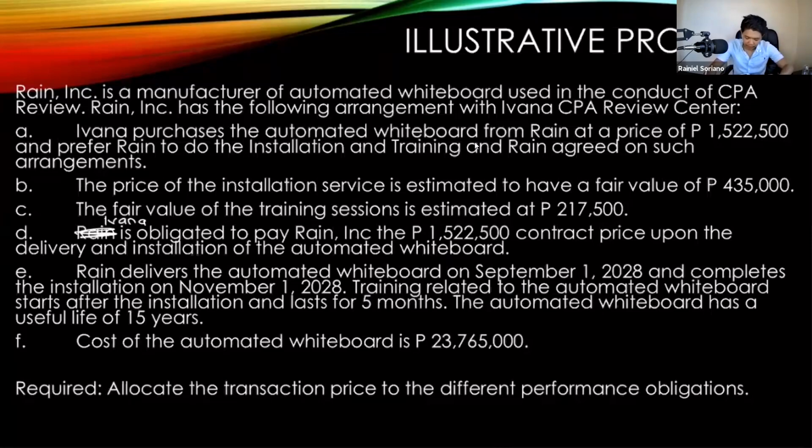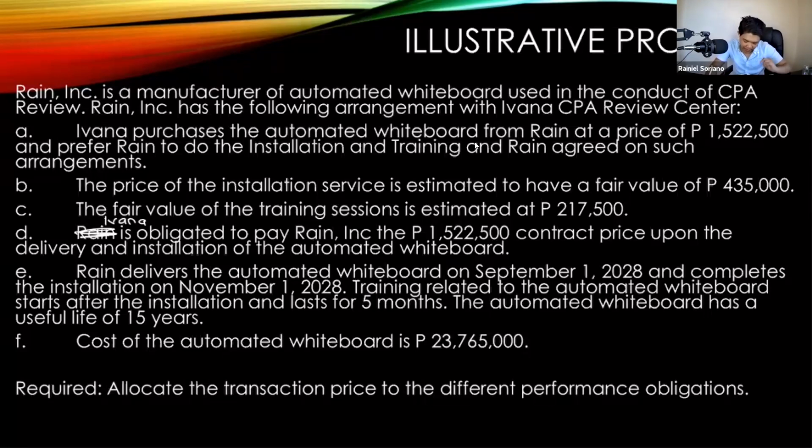Okay? Letter B, the fair value of the training sessions is estimated at 217,500. Letter C pala yan. Letter B, the price of the installation service is estimated to have a fair value of 435,000. Letter delta, Ivana is obligated to pay Rain Incorporated the 1,522,500 contract price upon the delivery and installation of the automated whiteboard.